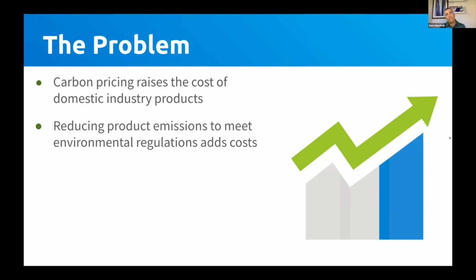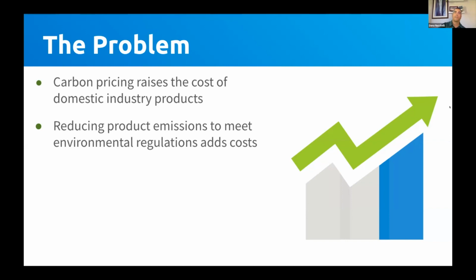And if we don't have a carbon price in place, we would like to still implement a CBAM because we still have regulations. There are some climate regulations. There are some other air pollution regulations that also result in reducing carbon emissions as we reduce other air pollutant emissions. And so getting those clean products domestically, through our domestic industries, that still adds costs.